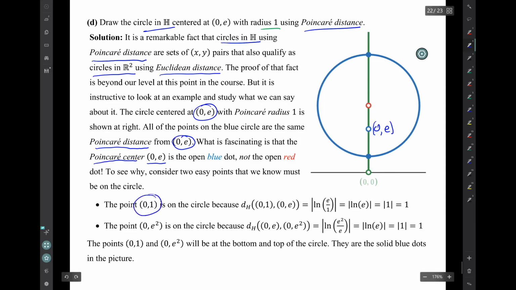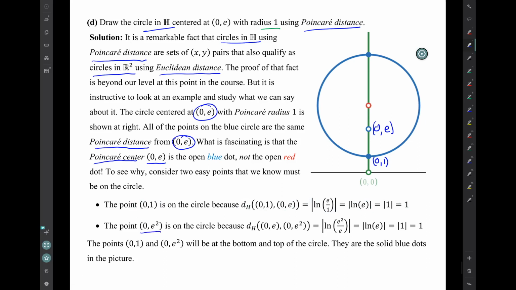The point 0, 1 must be on the circle because if I compute the Poincare distance between 0, 1 and 0, e, I compute that by doing this calculation. ln of e is 1, so I get a distance of 1. So this point, 0, 1, that blue dot, is on the circle. Now think about this point, 0, e squared.